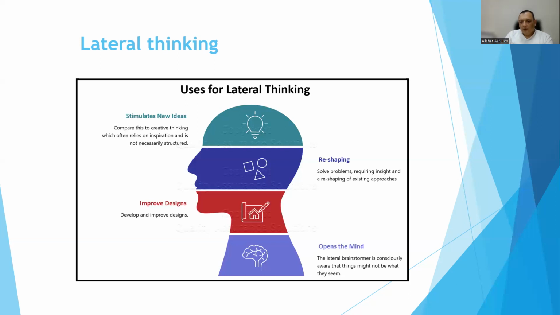The lateral brainstormer is consciously aware that things might not be what they seem. So it's natural. First impression sometimes is not correct. You may change your mind after penetrating the problem definition deeper, or the problem essence deeper.